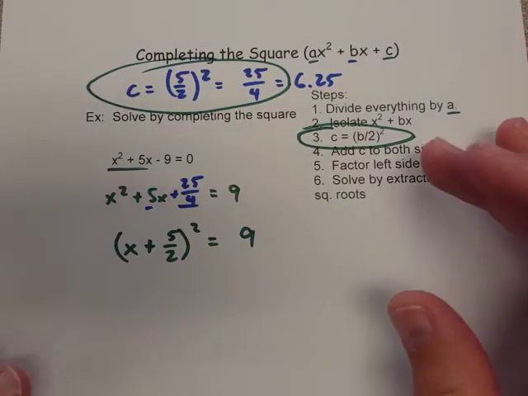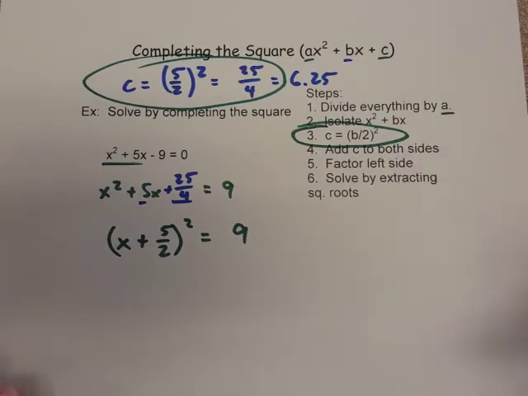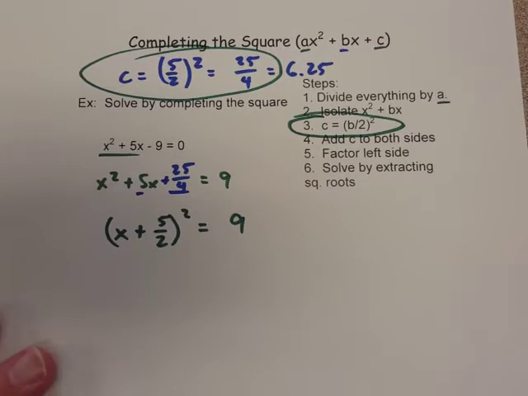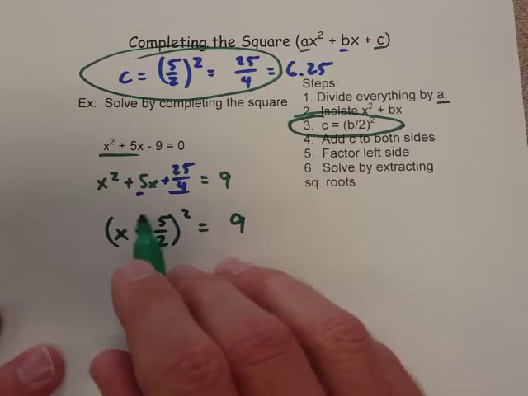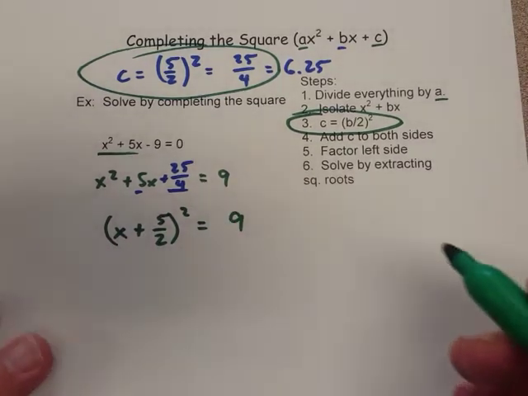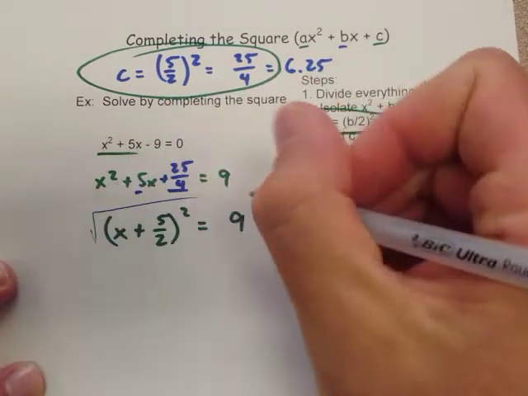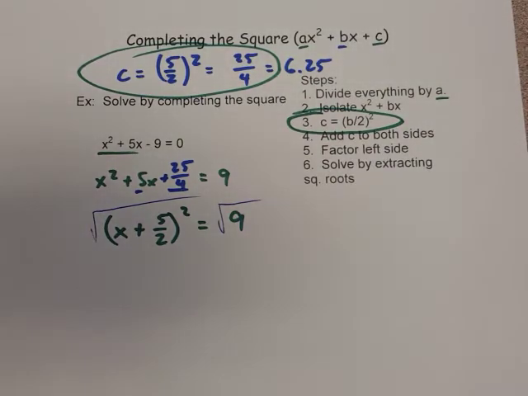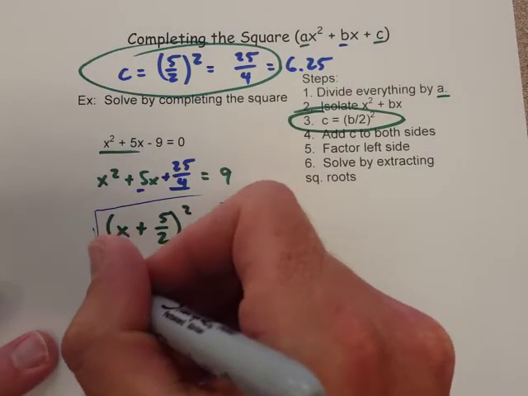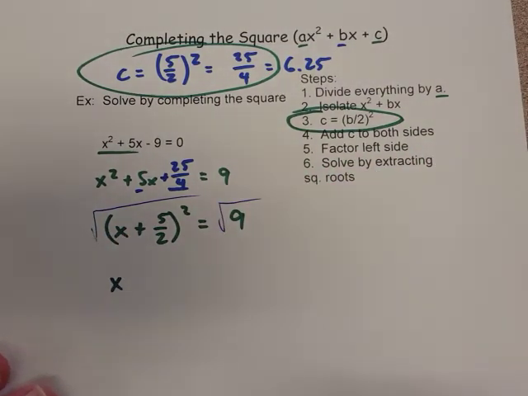Now let's finish out this problem kind of like we did with the extracting square roots. Since we have a square on this side, we can take the square root of both this one and of this one, and we can simplify these sides. Now here's the point where I'm going to start turning things into decimals. And so, I just made a bad error.